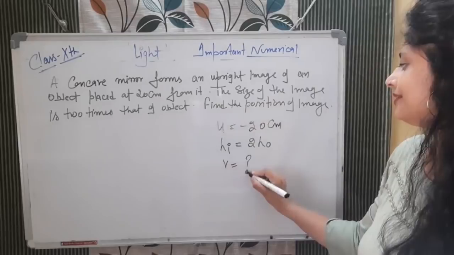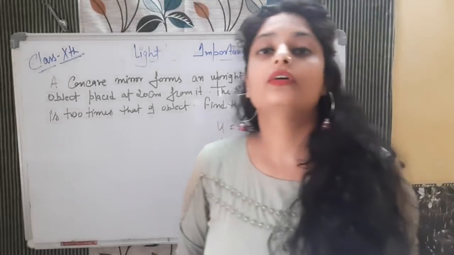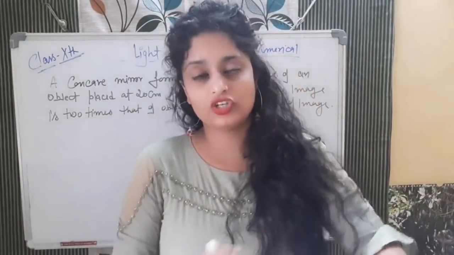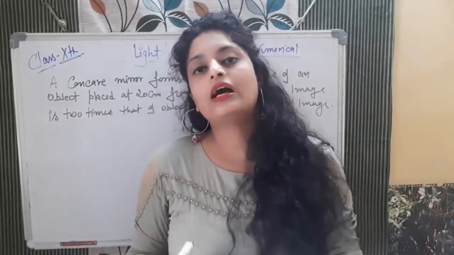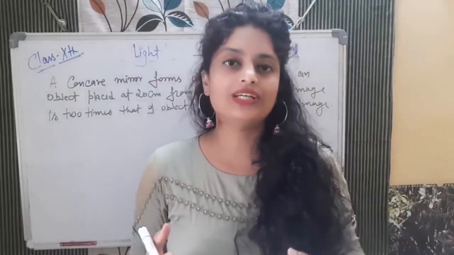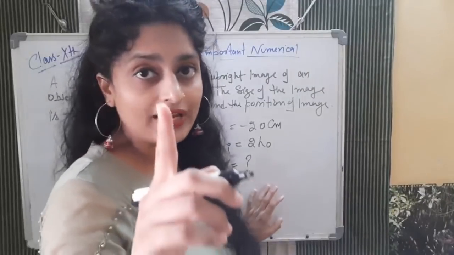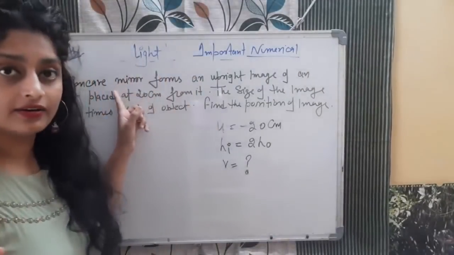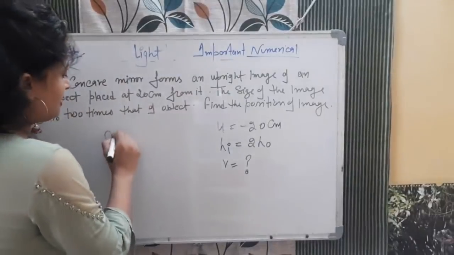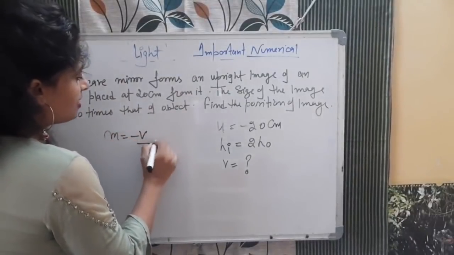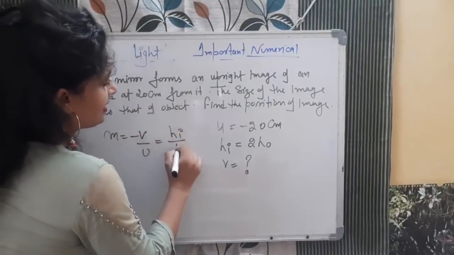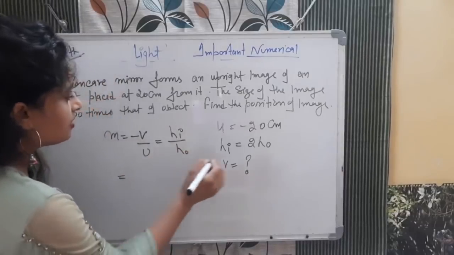How will you calculate? Think about it. You will use the formula of magnification. That is, M is equal to height of image divided by height of object, and it is equal to minus V by U. Remember? Minus V by U. I am talking about the mirror, not the lens. So the formula will be minus V by U is equal to height of image divided by height of object. So what will be the answer?